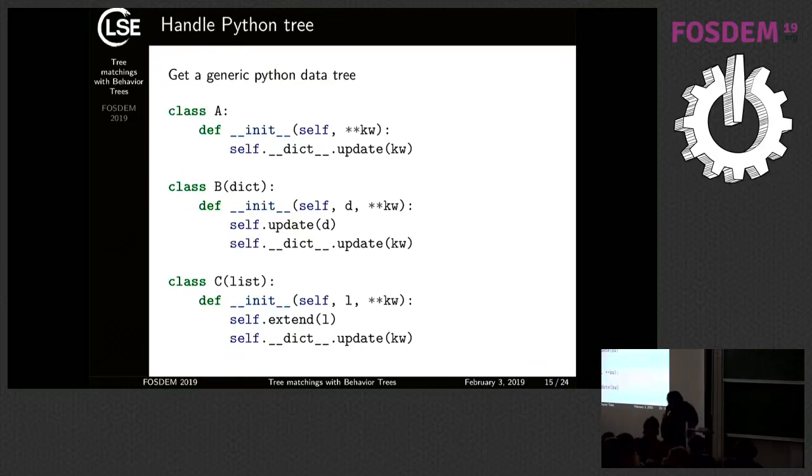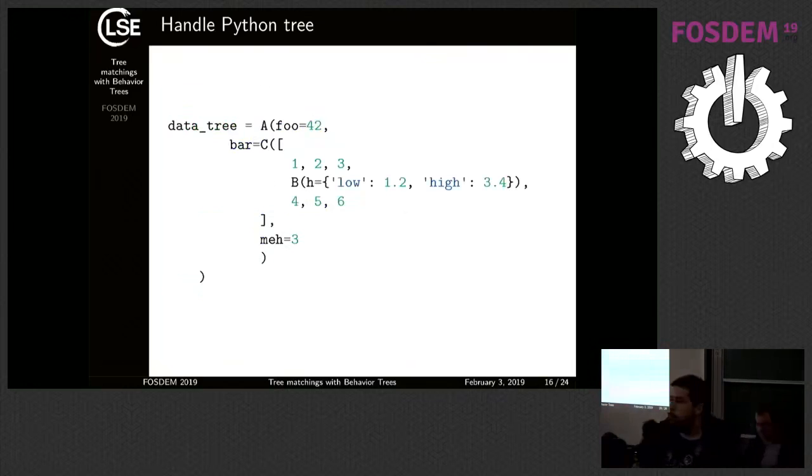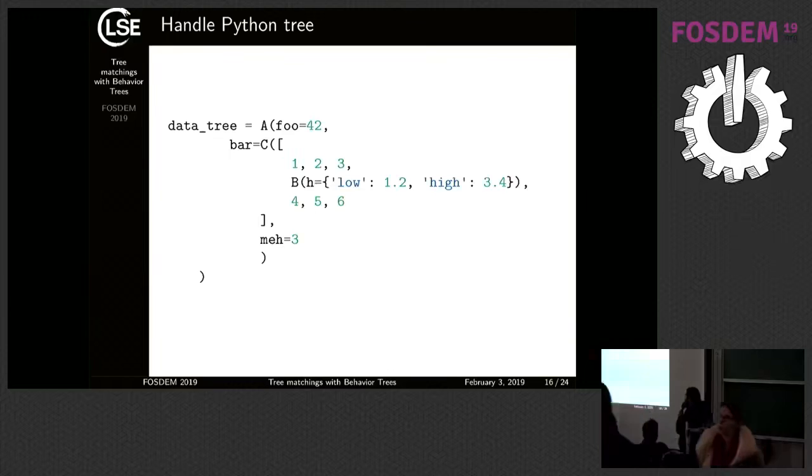I create also something related to a dictionary, to simulate that you could also match a dictionary, to match a key or the value part of a dictionary. It's the same thing for a list. And this could be a data tree, a small part of a data tree that represents our challenge.